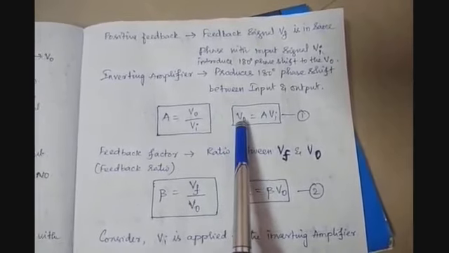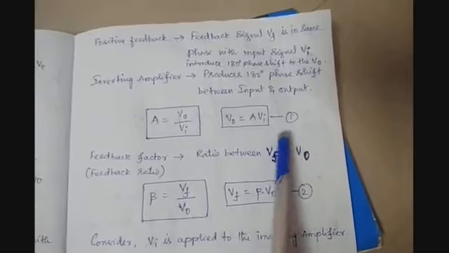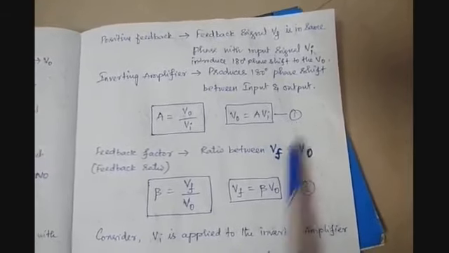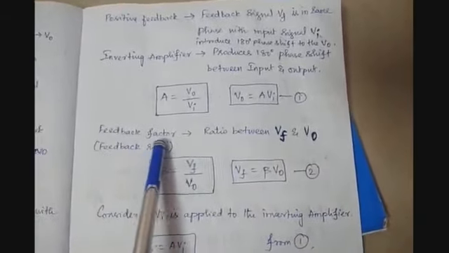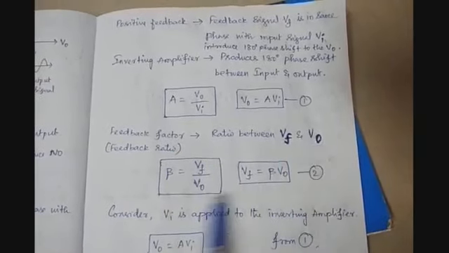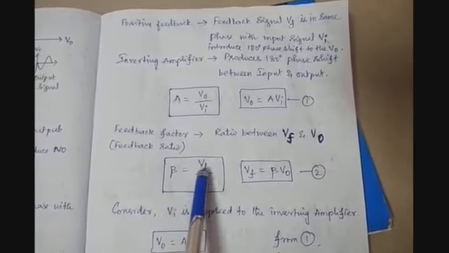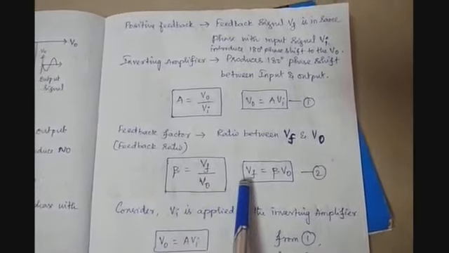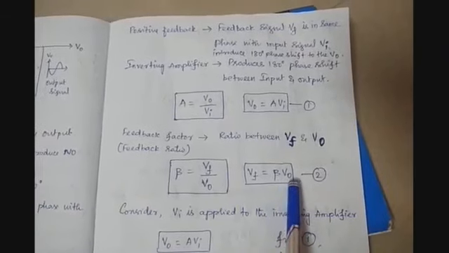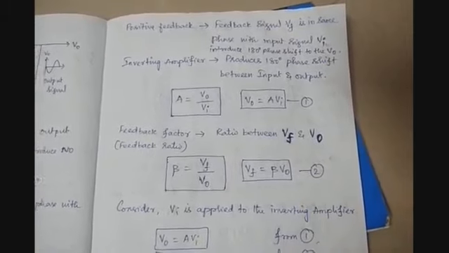So from this we can write output voltage equal to A Vi. I am considering that this is the first equation, and the feedback factor, that is beta, is the ratio between VF and Vout. So beta equal to VF by V0, that means feedback voltage divided by output voltage. From this, feedback voltage equal to beta into output voltage. This I am taking as the second equation.